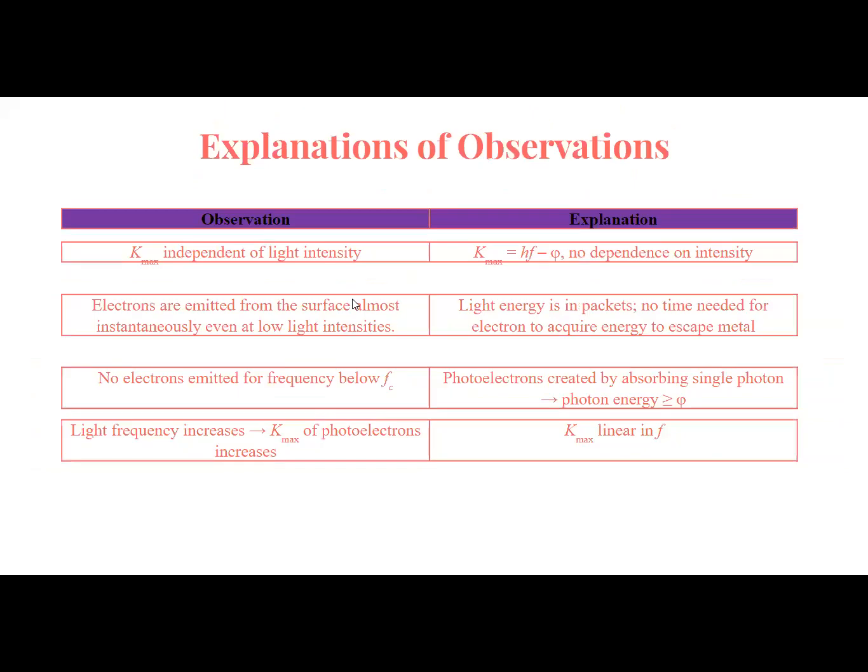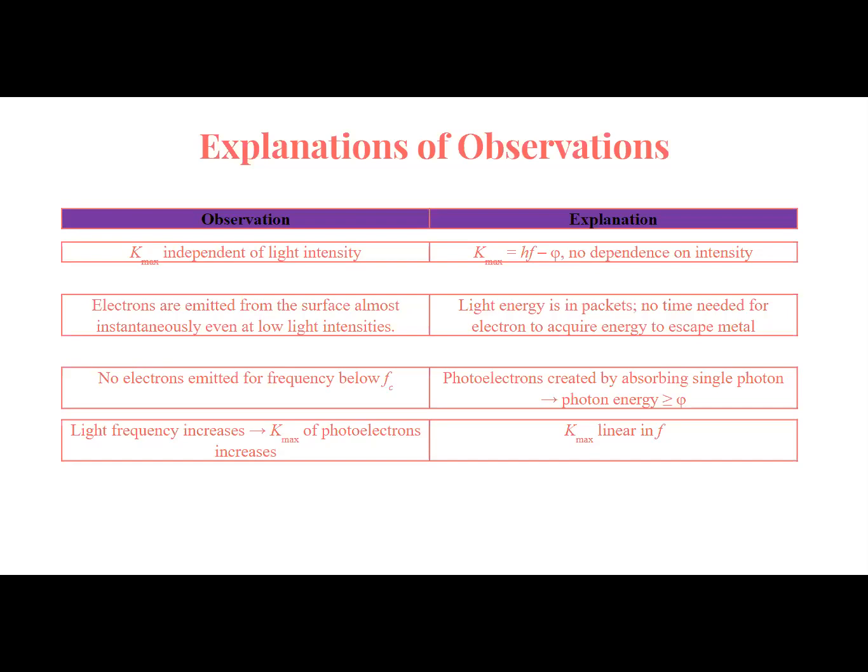So Einstein explained all of this. Basically, the energy of the electrons doesn't depend on intensity. It turns out it depended on the energy of the photons. If it's enough to overcome the work function, whatever is left goes to kinetic energy. They found that even at low intensity, electrons were emitted, because as long as you were above the cutoff frequency, you would emit electrons.